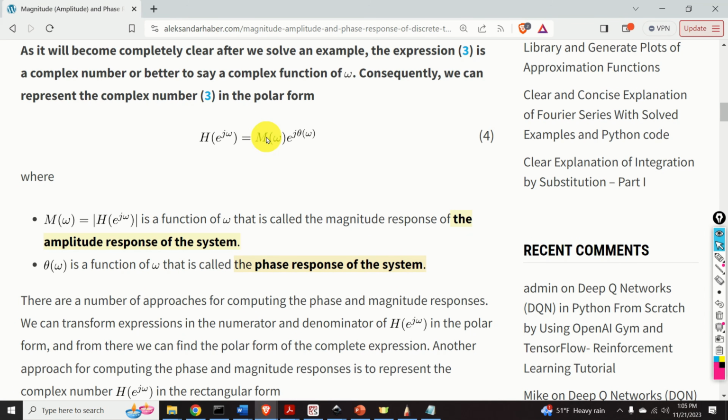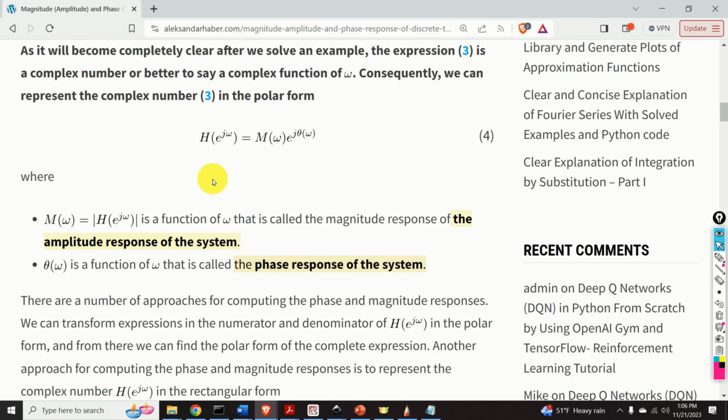In this expression, M of omega is actually the modulus of the complex number H of e to the power j omega. And M is a function of omega, and M is called the amplitude response of the system. On the other hand, theta of omega is a function of omega, and it's called the phase response of the system.